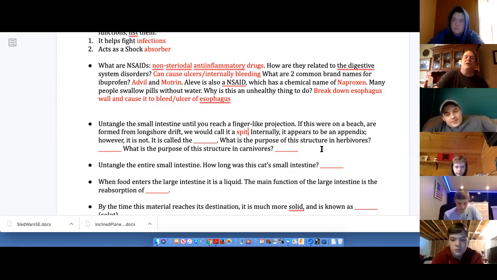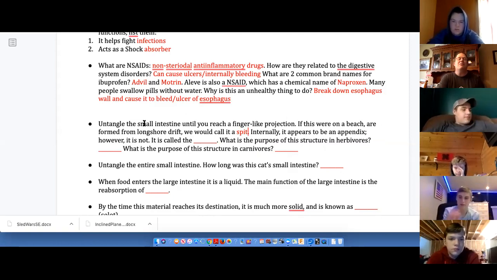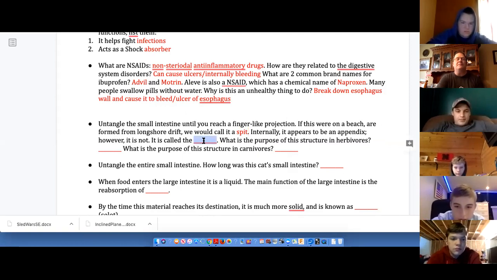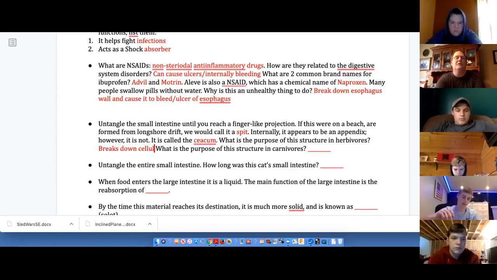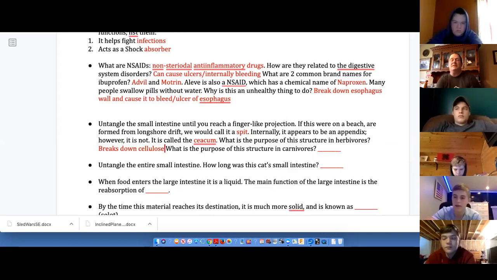Okay, internally it appears as an appendix, however, it's not. What do we call it? The cecum. Okay, and what is the purpose of the structure in an herbivore? Break down cellulose. And when you think of what cellulose is, basically it's celery, the fibers in celery.